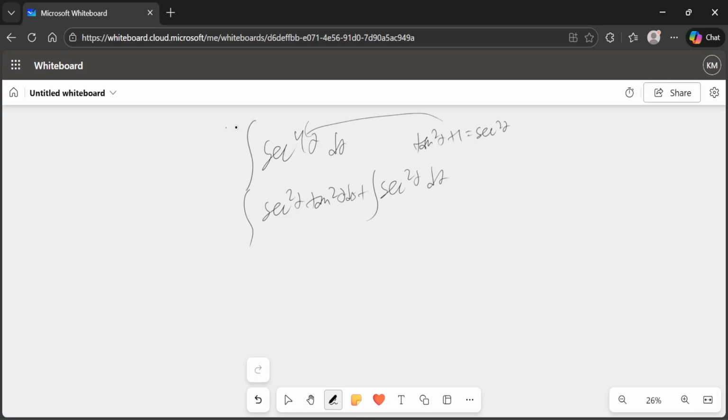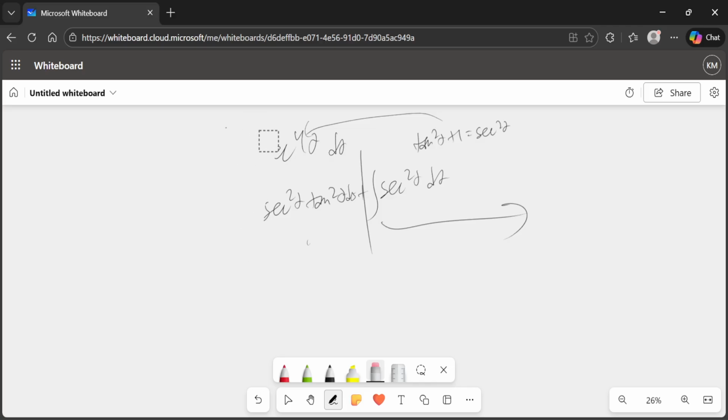I used one of them, and then I had a secant squared, and I distribute and split out the integral. So we're good there. Okay, that goes away because we know how to do that already. This we've done earlier. It's just u squared du. So we're good there.